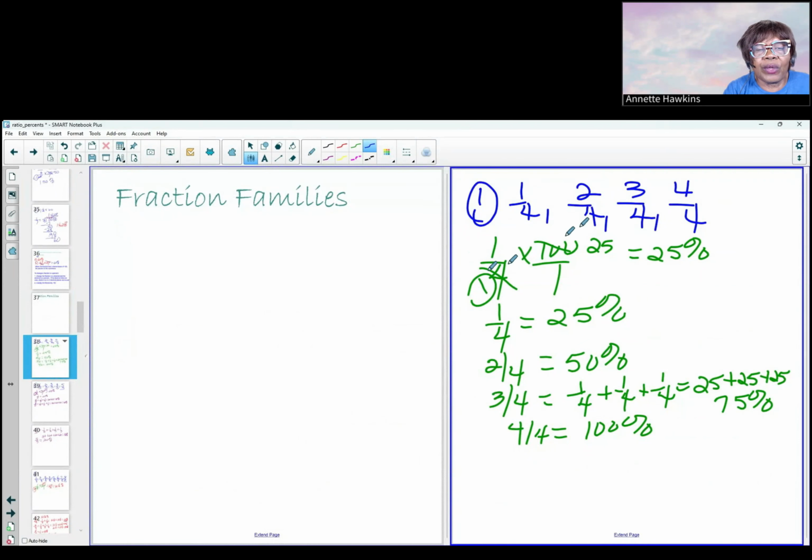So if 1/4 is 25%, 2/4 has to be 25 plus 25, which is a half, which is 50%. 3/4, 1/4, 1/4, 1/4, 25, 25, 25, which is 75%. And 4/4 would be all, which would be 1 whole, which is 100%.